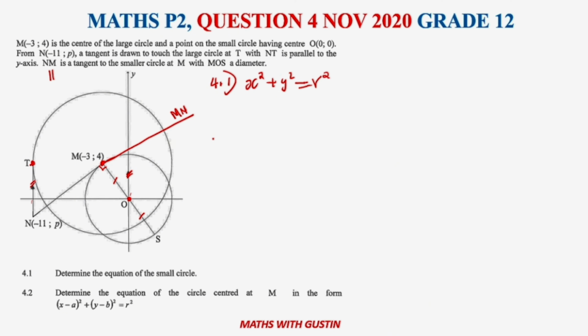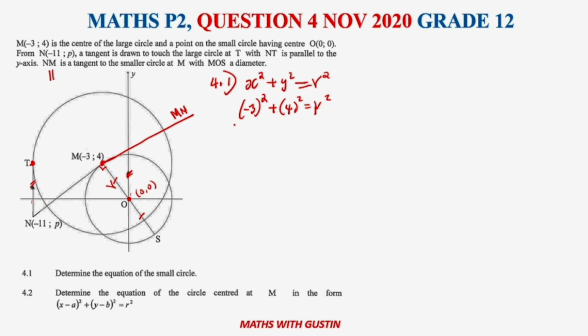Okay, so now we need to find what r is. We already have the radius there, so we are going to substitute our x that we are getting here from the M. It is going to be -3, because these coordinates you are getting them from the M, because the center is here. It's (0; 0) here at the center, so you are going there, which gives you this radius here. So (-3) squared plus 4 squared is equal to r squared.